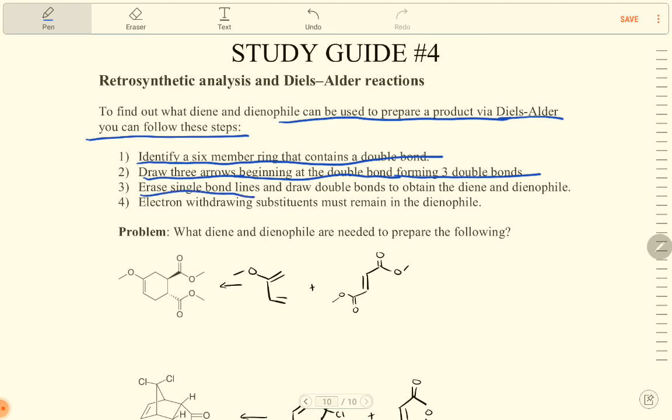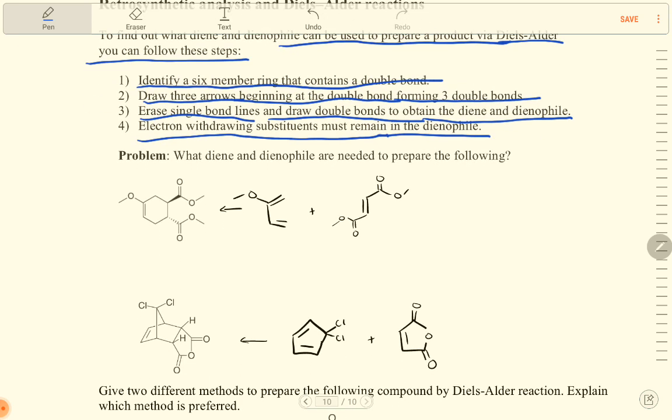Erase single bond lines and draw the double bonds to obtain the diene and dienophile. An electron withdrawing substituent must remain in the dienophile. So these are some of those examples. And you can see the product.